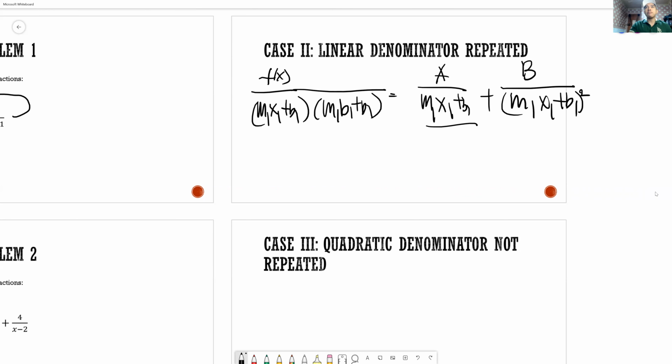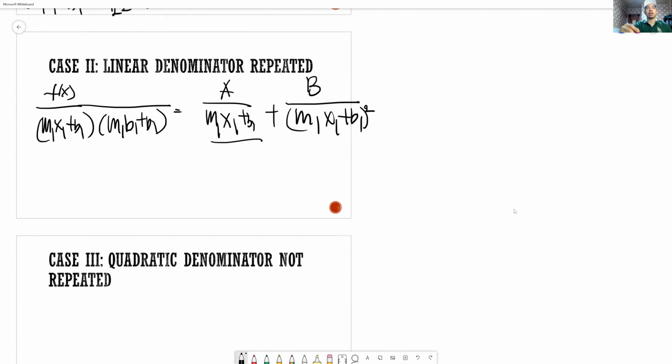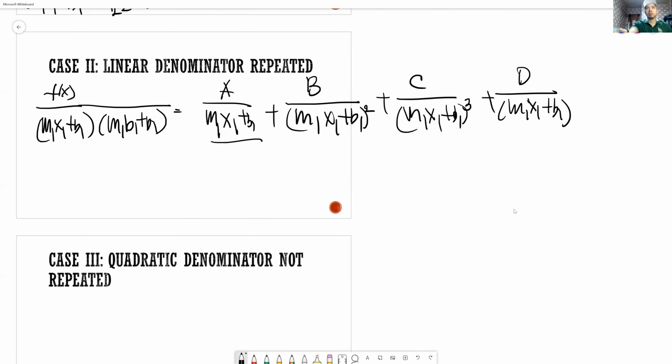Okay, question. Paano sir pag 4 na beses siya na ulit? That means magiging raised to 4 siya sa may pang-4 if pang-4 siya. But for that case, since this is double repeated, that means dalawa lang.